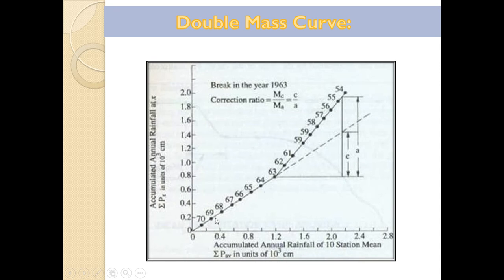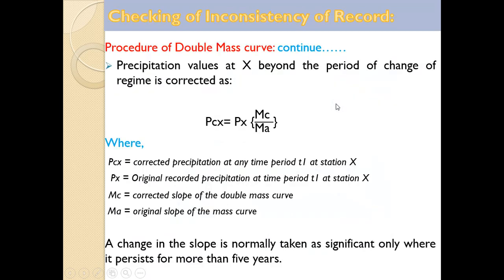Your plot should go straight, but instead of going straight, there will be a break in upward or downward direction. This decided break shows that there is an inconsistency in the record beyond this point.